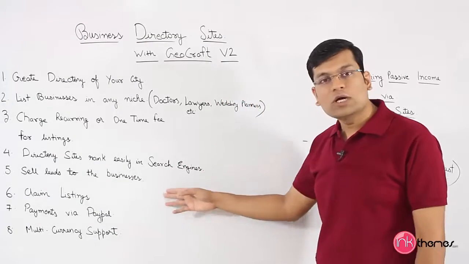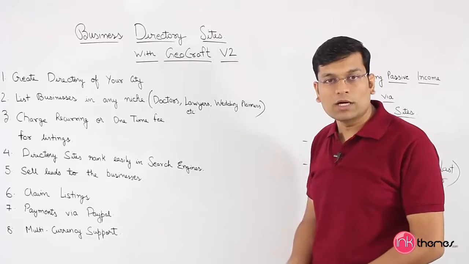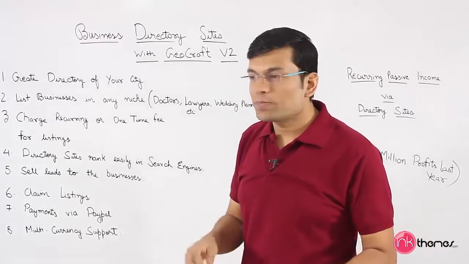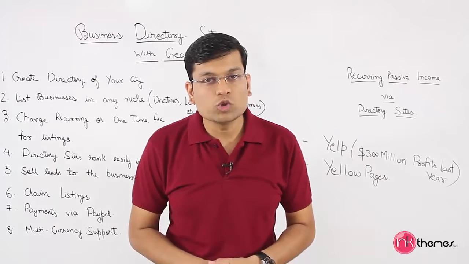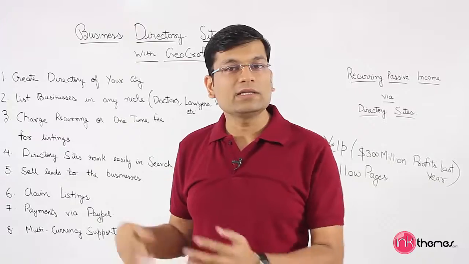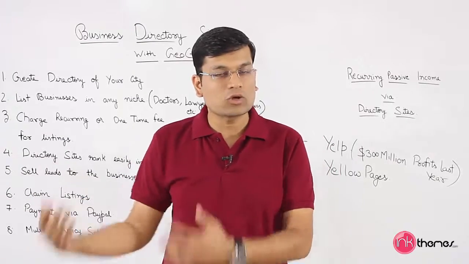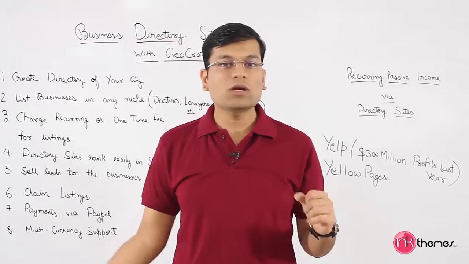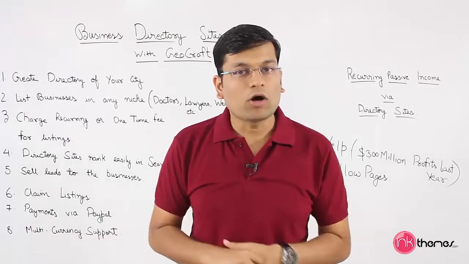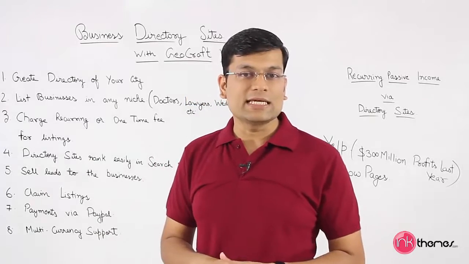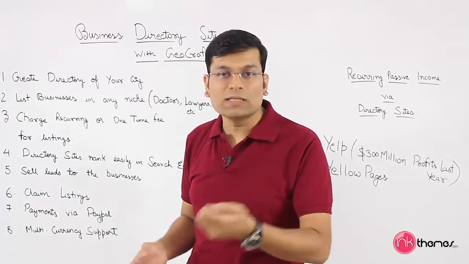So this gives you multiple ways to earn money using your own directory site. This directory site also allows you to list multiple businesses without even contacting the doctors or advocates or lawyers or attorneys first. You can list these businesses on your own on the website, and then they can claim their listing on your website if they find it really profitable.